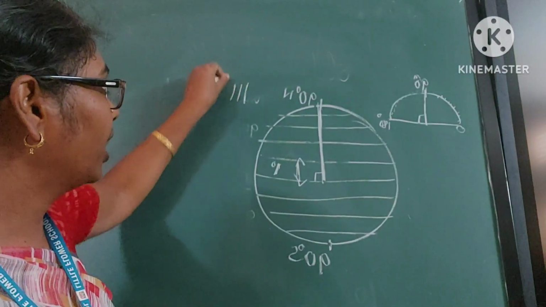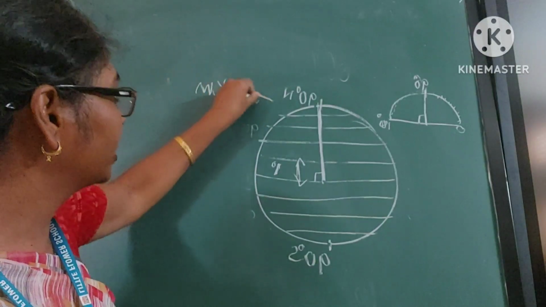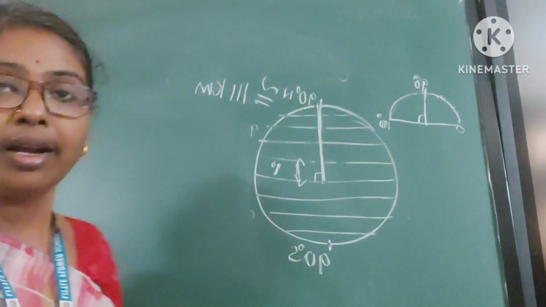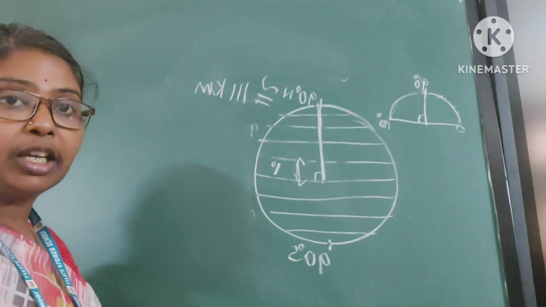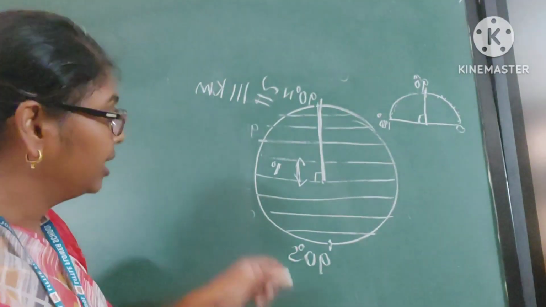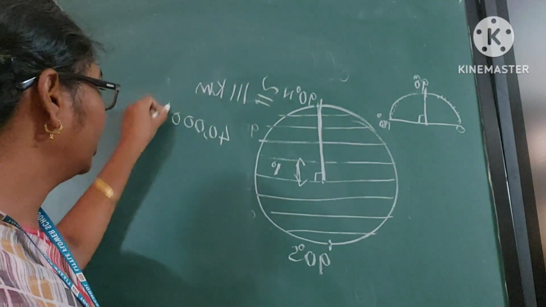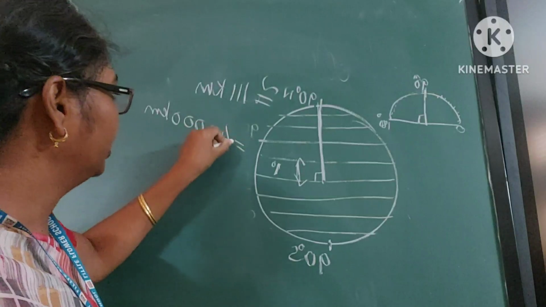Why only 111 kilometers approximately? It's only an approximate figure. The circumference of the earth is 40,000 kilometers approximately.